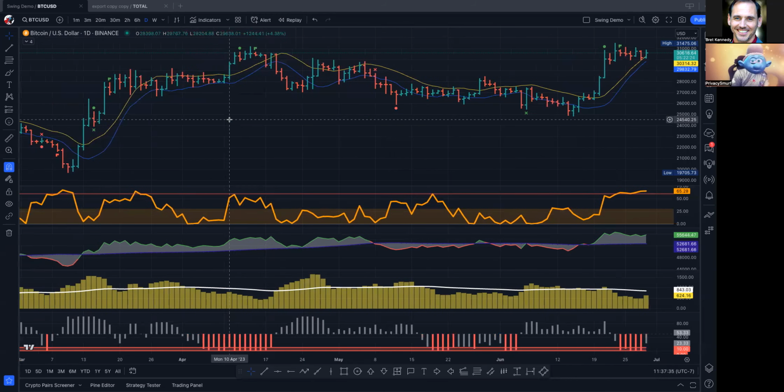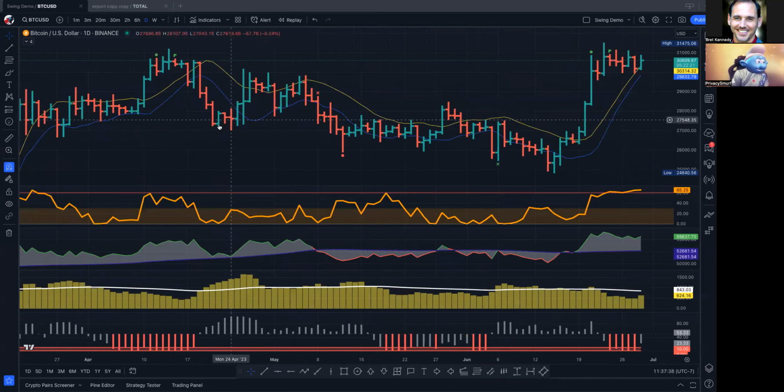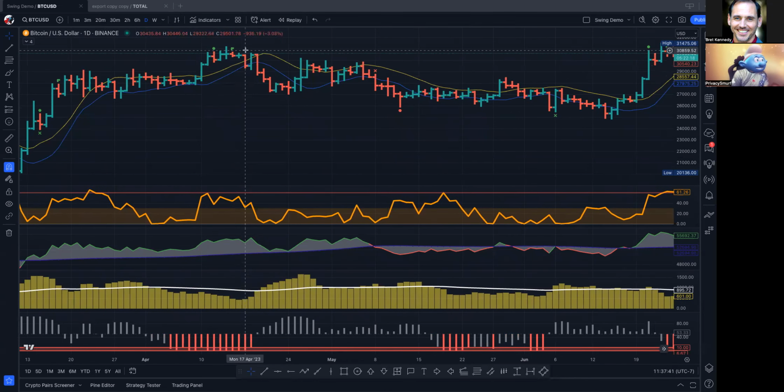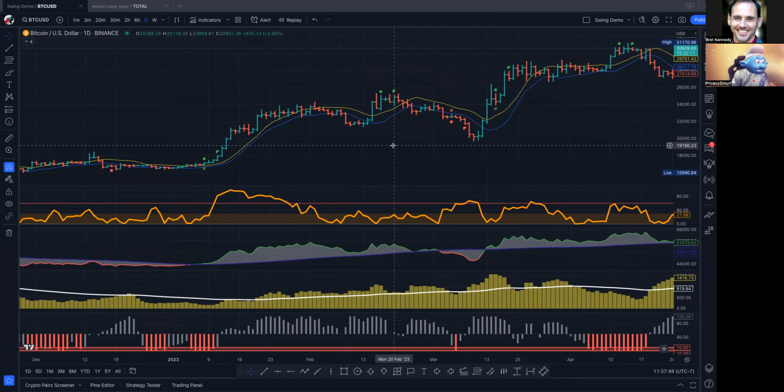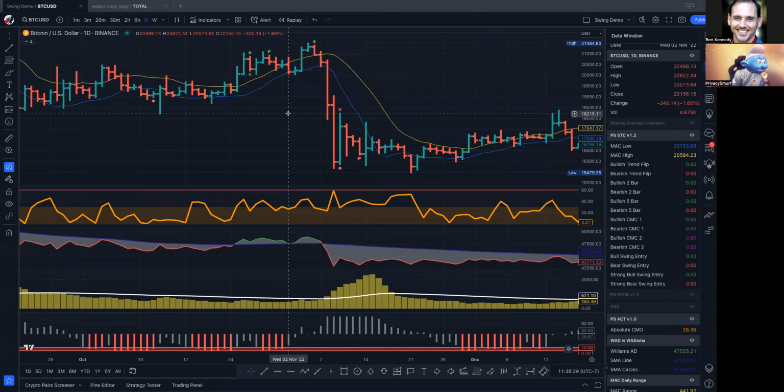This method is one of the more rigid execution strategies that I've ever dealt with. If your entry condition comes in and the ACT, let me see if I can find one where you get an entry and the ACT doesn't support it. All right, so here we go. This is a good example. You have the bullish trend signaled there, you're 5 bars above the channel, entry condition touching the bottom band, and our ACT right now is measuring at 26.36.